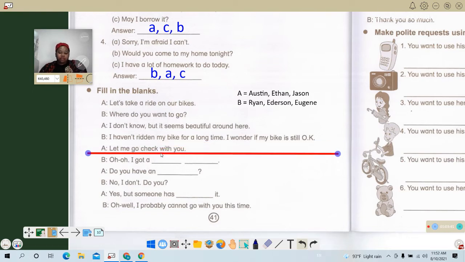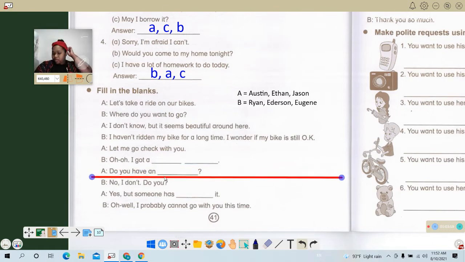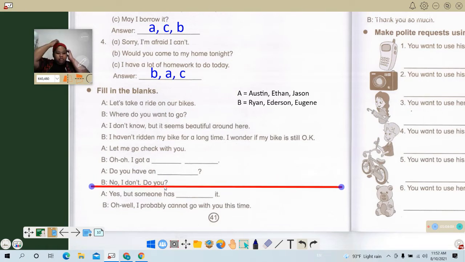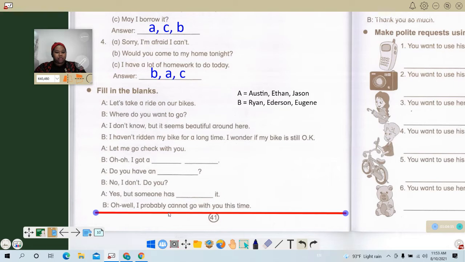Let me go check with you. Uh-oh. Do you have a? No, I don't. You? Yes. Someone says, oh well, I cannot go with you this time.